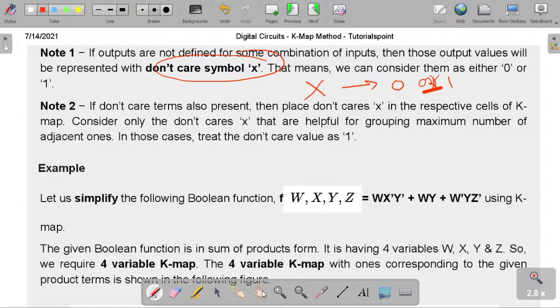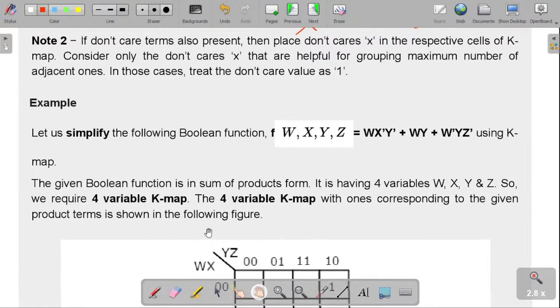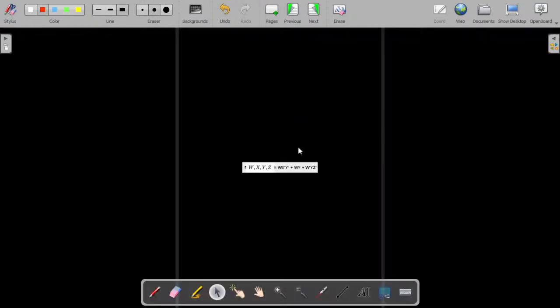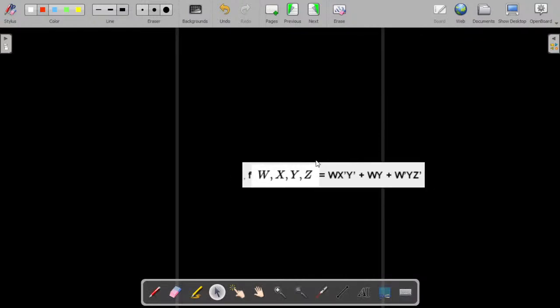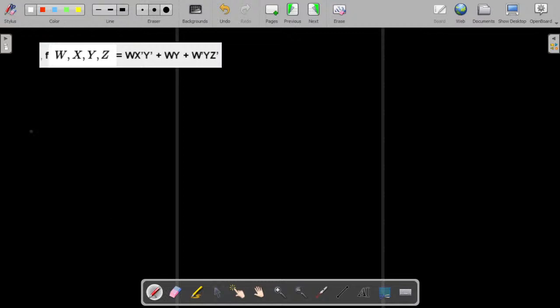Now let us take one example here. There are 4 variables. Let me put this on a new page and enlarge it. Now here we need to solve this using the K map. How many variables are there?